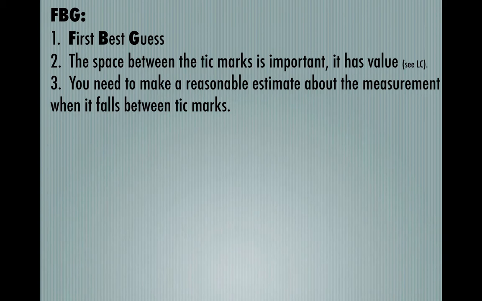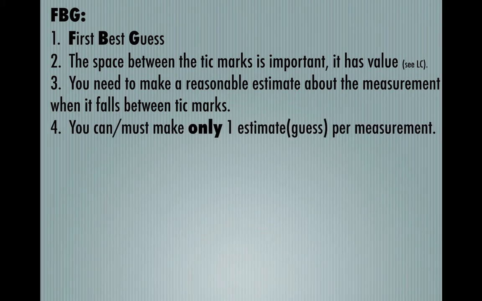Now, the joy of the caliper was that the estimates were basically made for you by that little vernier scale down at the bottom, where your guesses would end in either a 0 or a 5. But that's the only vernier instrument that we use, so we have to sort of do this by hand now.